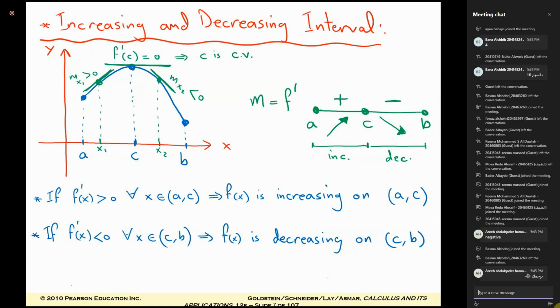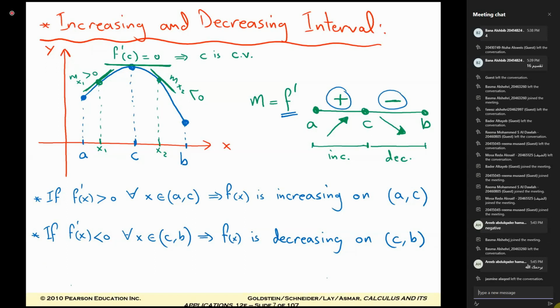Here the idea, I want to repeat, is to find f prime and the sign of f prime between the stationary points. So the steps: find the f prime, find the critical values.